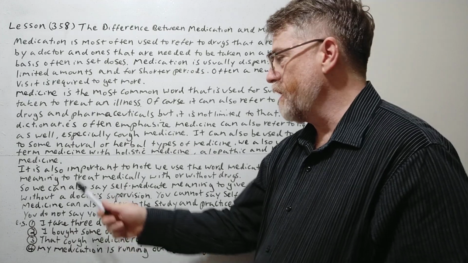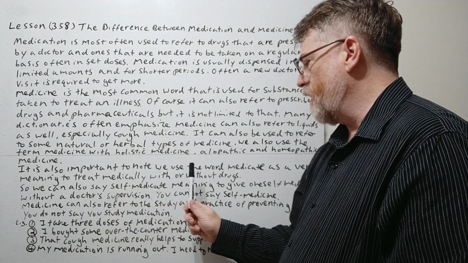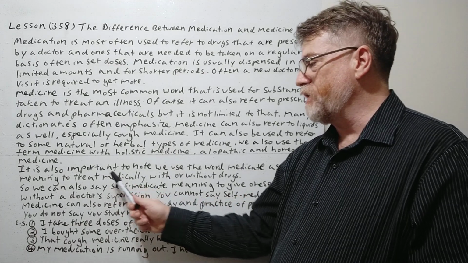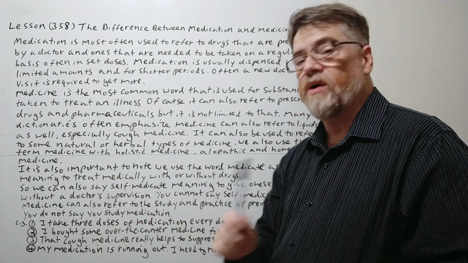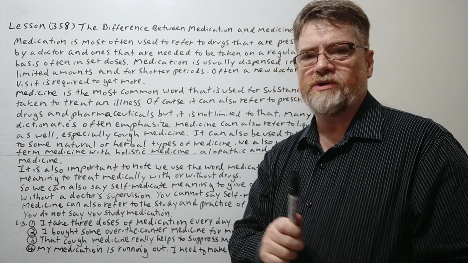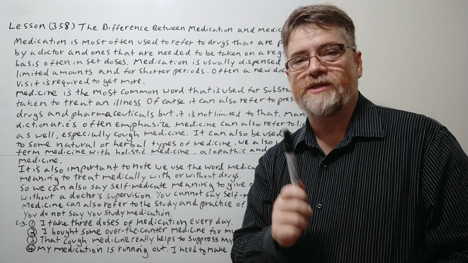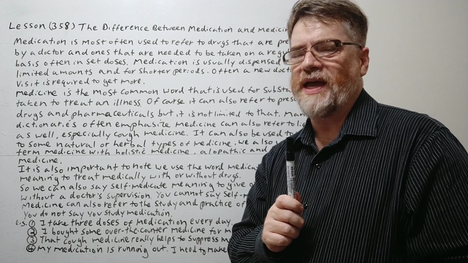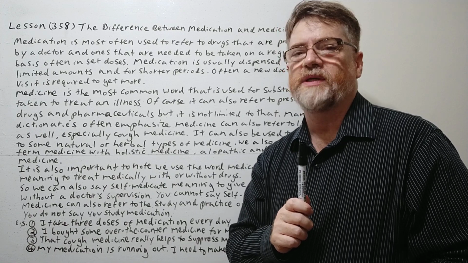Let's continue. It is also important to note we use the word medicate as a verb, meaning to treat medically with or without drugs. This is a little unusual. Medicine is usually not a verb. I did find some dictionaries that had it, but if they had it, it must be a really old, obsolete use.